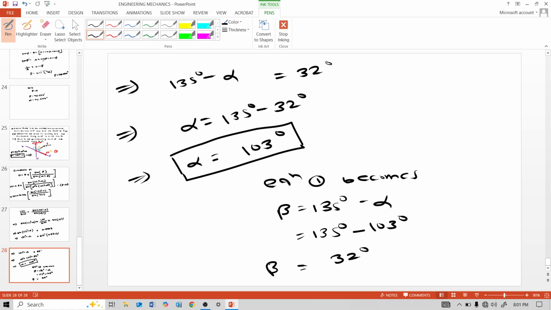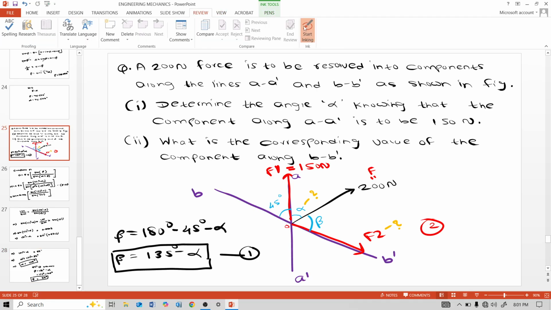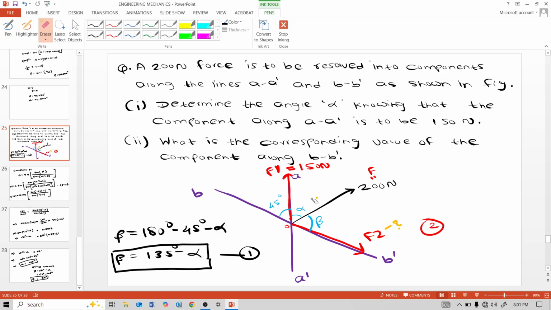So we calculated both alpha and beta: alpha is 103 degree and beta is 32 degree. Now our next objective is to calculate this F2.